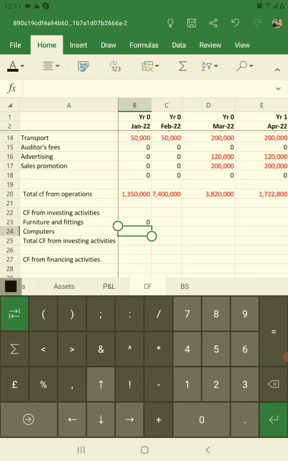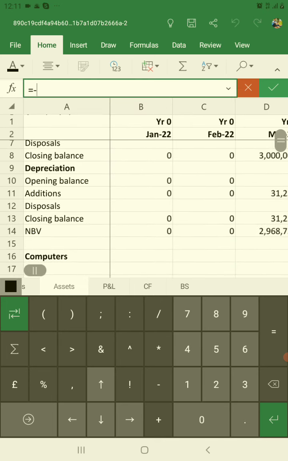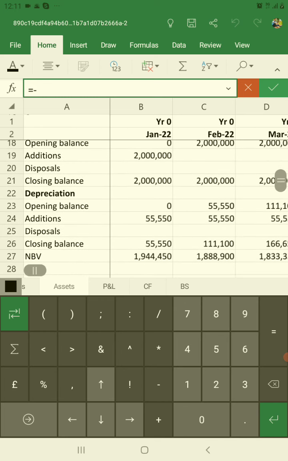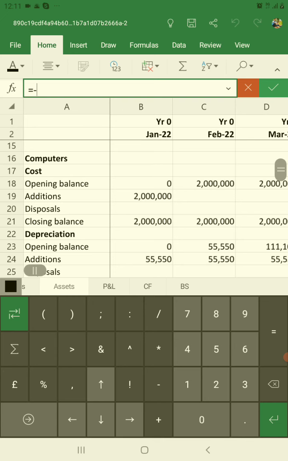So that is where we are going to pick it in our cash flow statement. And for computers the same, start with the equal sign and then minus, and then go to the asset sheet and then go to computers here, additions for January, which is here, and then press enter.